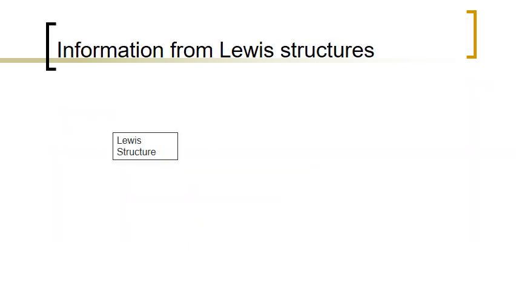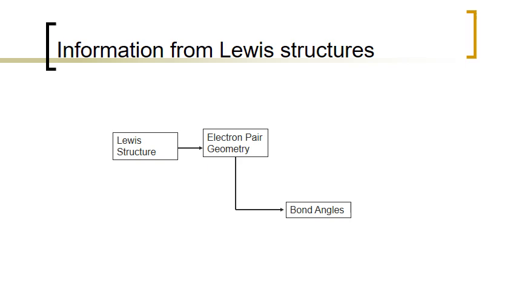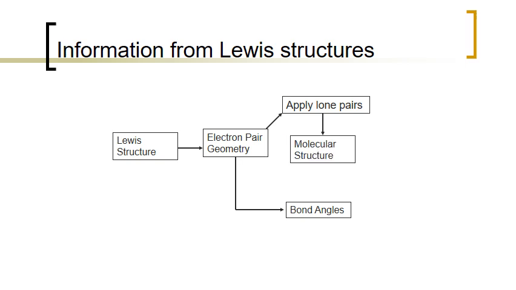So here's an overview of what we've done so far. Lewis structure goes to the electron pair geometry. Electron pair geometry gives us the bond angles. Electron pair geometry also, if we apply lone pairs, gives us the molecular structure. From the molecular structure, we determine whether or not a molecule is polar, and that's another video later.